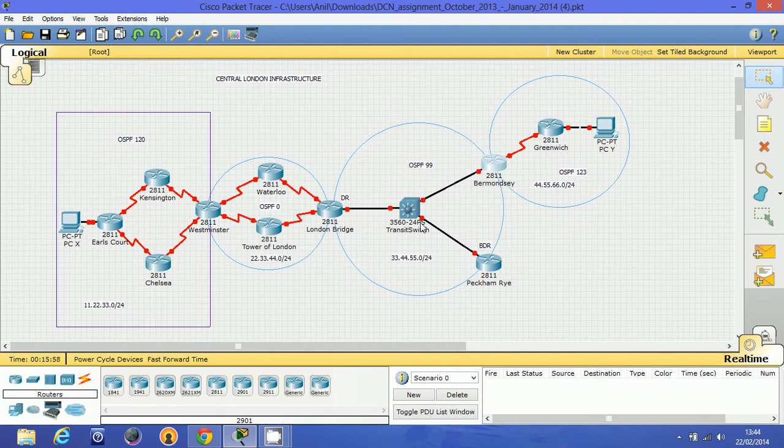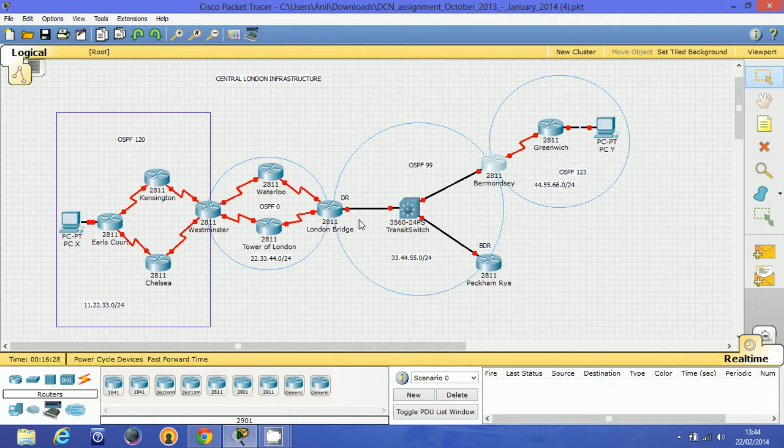I mean, the area which lies between area 0 and the discontiguous area is called the transit area. In this case, OSPF 99 is the transit area, which is of multi-access network type, because this switch is accessed by these three routers.